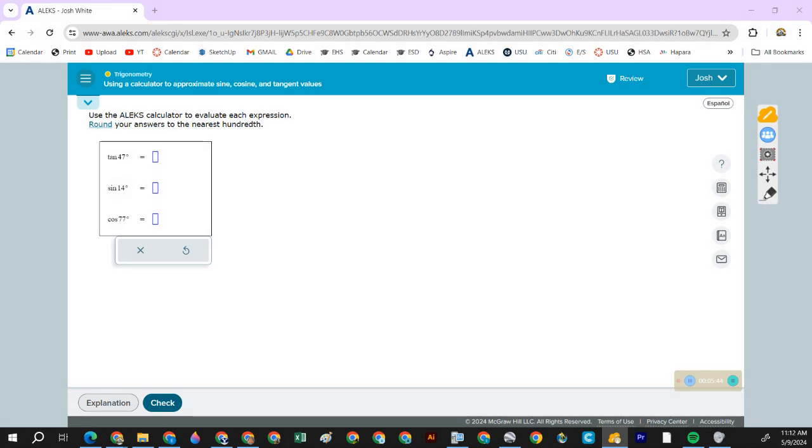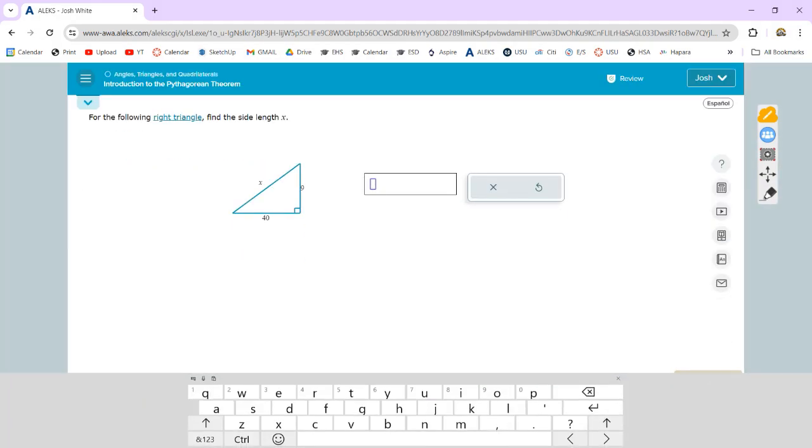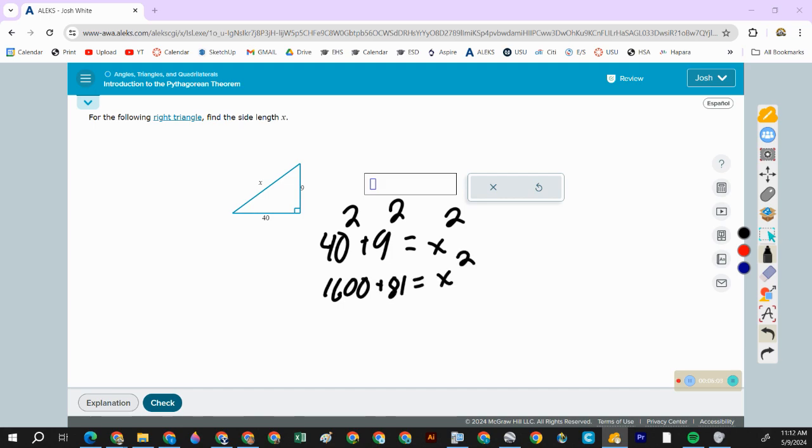All right. Next up, Pythagorean theorem. Hopefully this is a review. 40 squared plus 9 squared equals x squared. So that's 1600 plus 81 equals x squared.